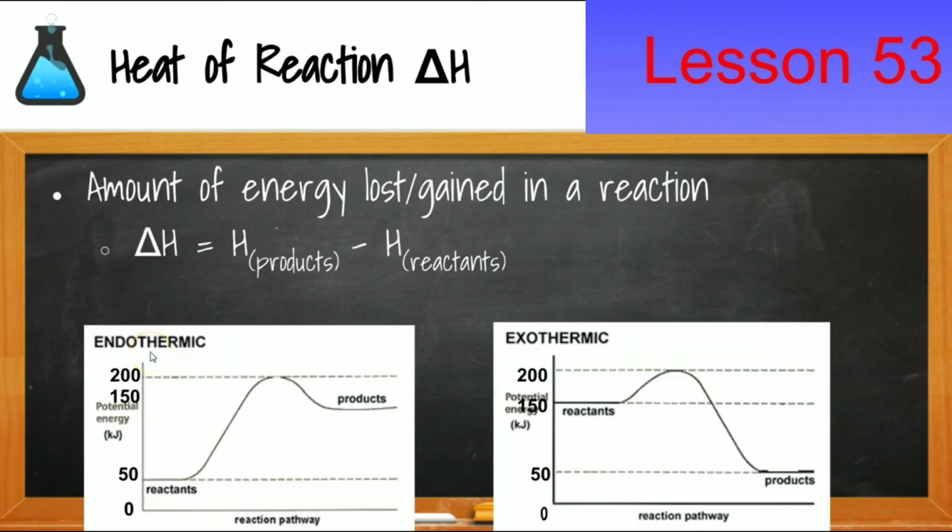Now let's talk about calculating the heat of the reaction, or the delta H. The heat of the reaction is the products minus the reactants.